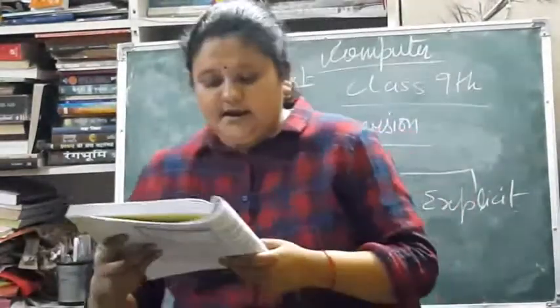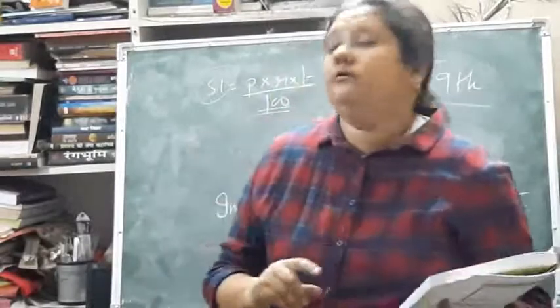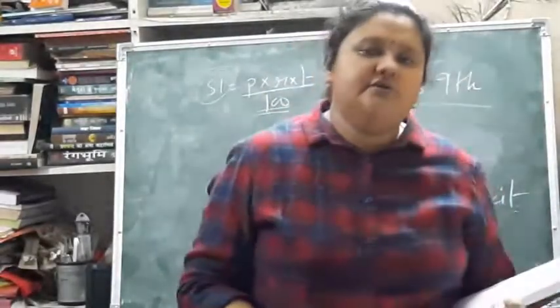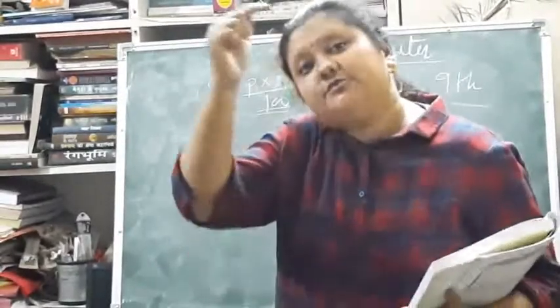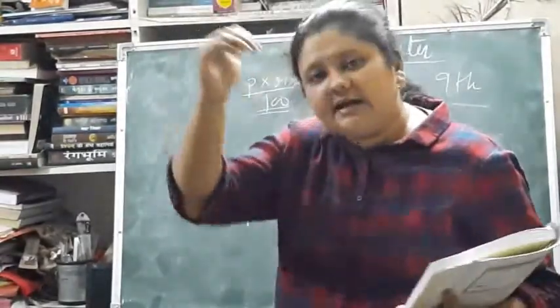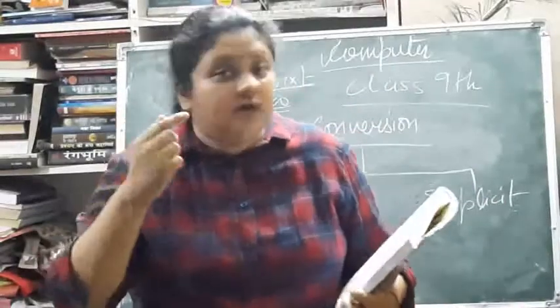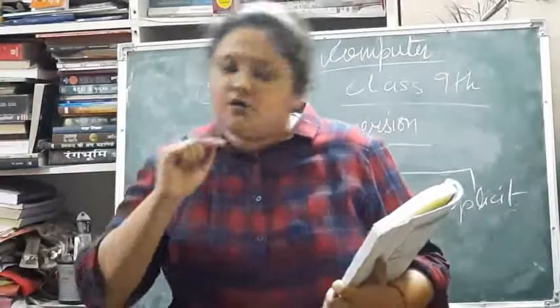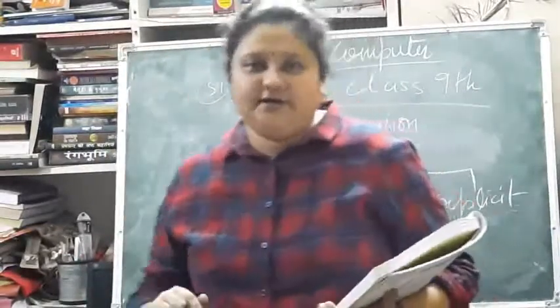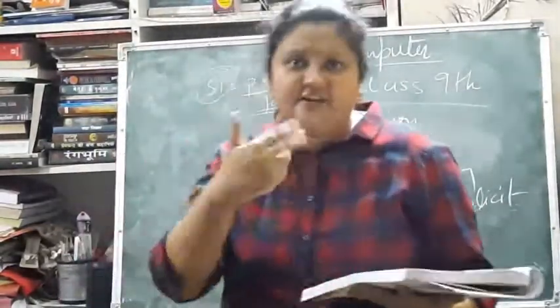One more thing, remember, in implicit type conversion, the data type is always promoted. That means the higher data type is always taken. The computer is not going to automatically shift to a lower data type. It will always shift up to a higher data type. Let us take a quick reading of this.